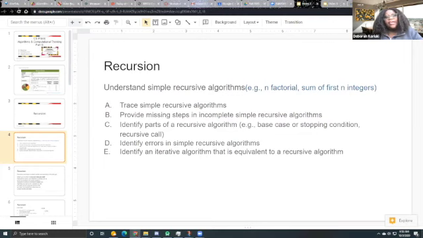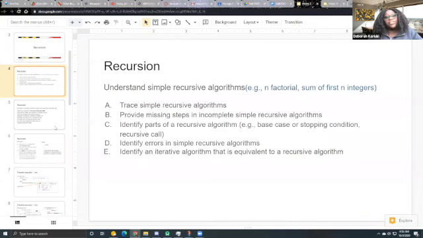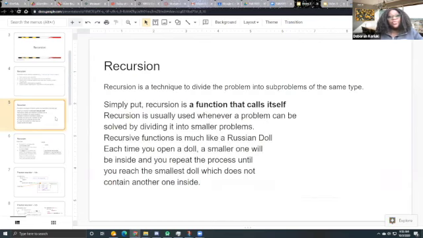You learn how to trace simple recursive algorithms, provide missing steps in an incomplete simple recursive algorithm, identify parts of a recursive algorithm, that's the base case or stopping condition, and then the recursive call, identify errors in a simple recursive algorithm, and also identify an iterative algorithm that is equivalent to a recursive algorithm. So that is what you're supposed to understand from this section.